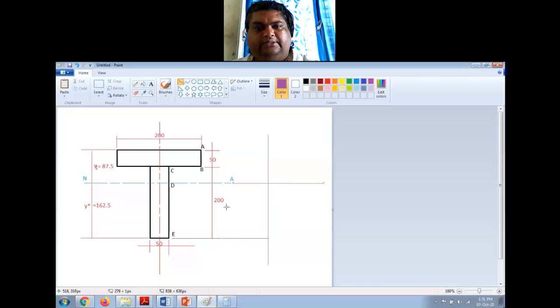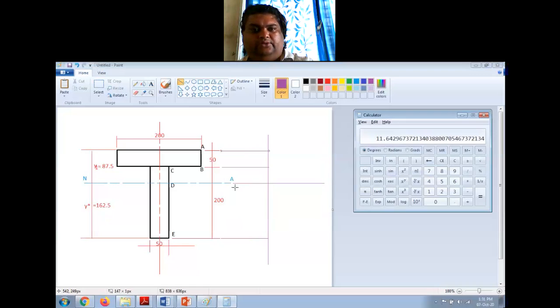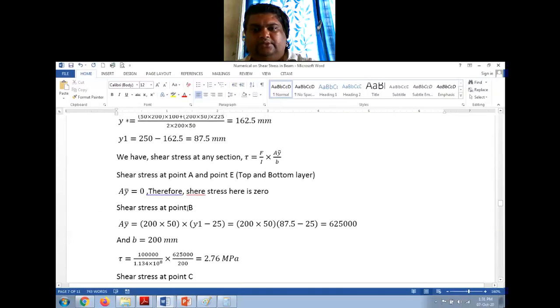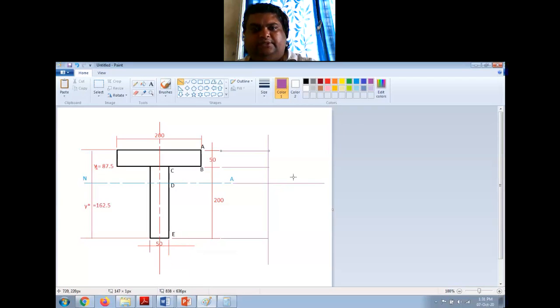So at neutral axis I'll have maximum. At this point it will change, and at this point it is 0, right? So let us go back to the solution. What is the shear stress at B? It is 2.76.